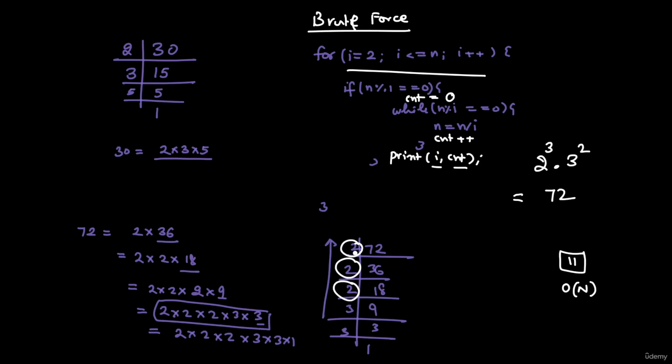Okay, so for example, you divide 72, so this is the value of n. So in the next iteration it reduces further. Okay, so it is not going to exceed the value n. So this has a worst case when n is a prime number, and this for loop will take order of n time. Okay, in that particular case.